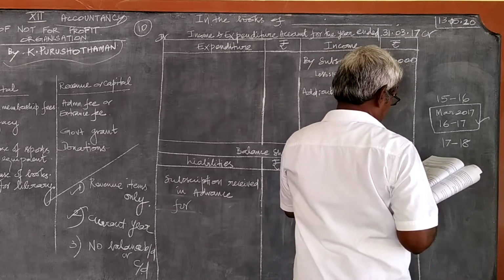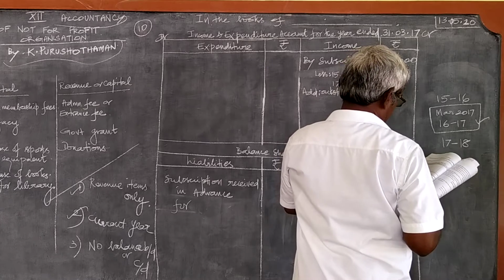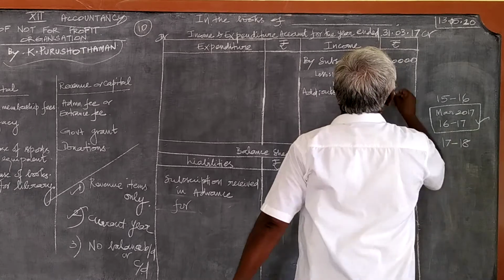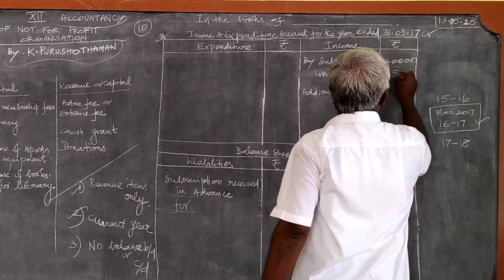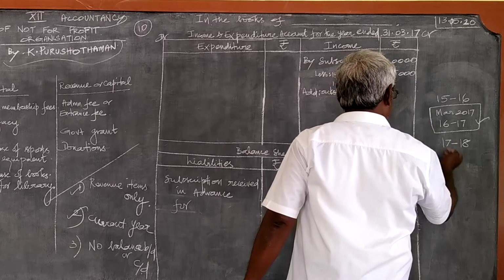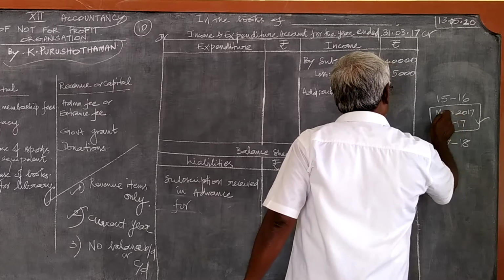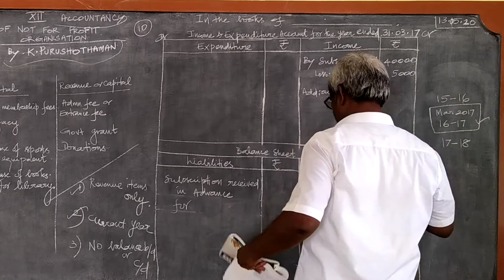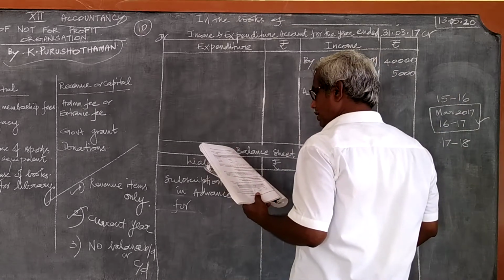The previous year and the next year, not this accounting year: the subscription for 17-18 is 3,000.